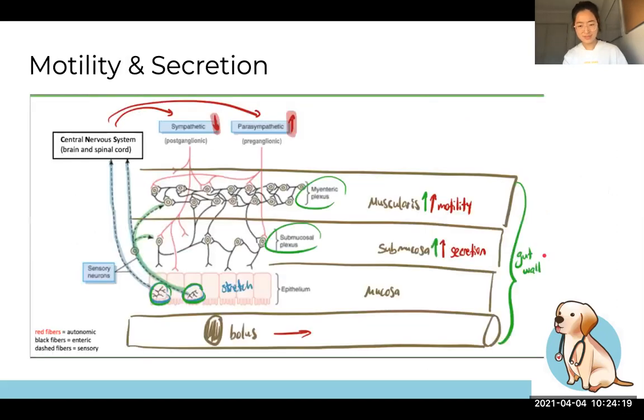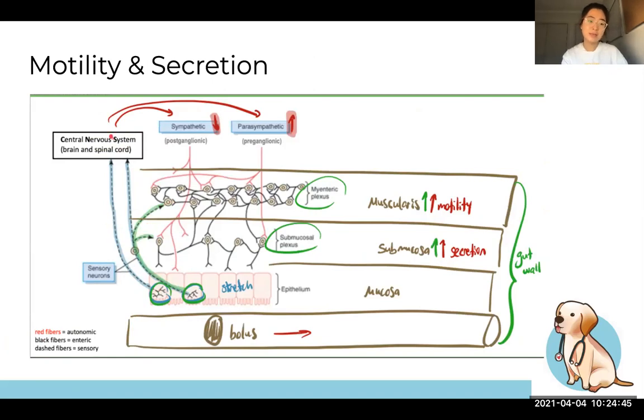Hopefully that's kind of straightforward, but this is a bit of a summary diagram. We'll quickly run through this. Imagine you have a bolus moving through the GIT. First, your stretch receptors in the epithelium are going to say, okay, we are sensing some stretch. That's going to send signals both to the central nervous system, so basically to your brain, as well as to the GIT.